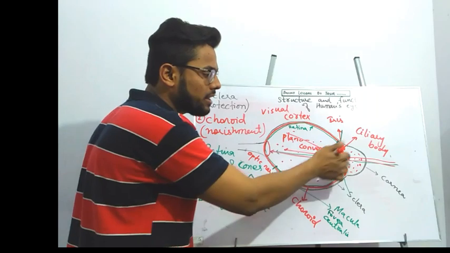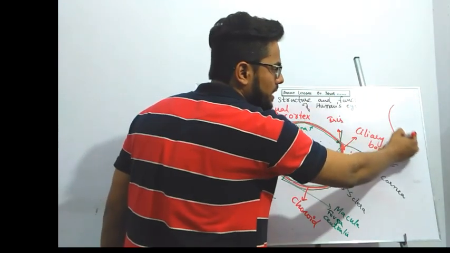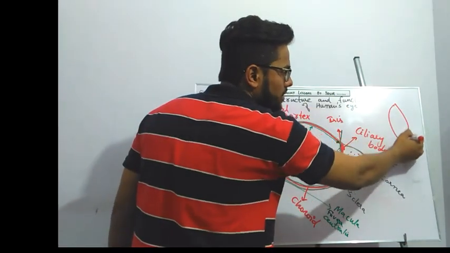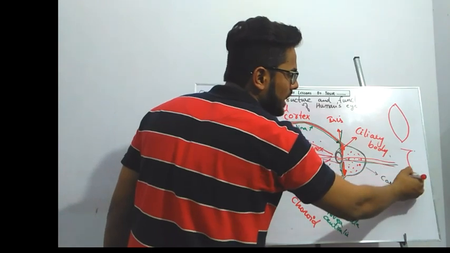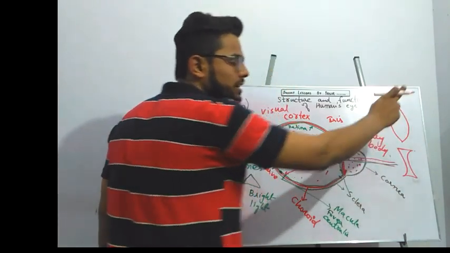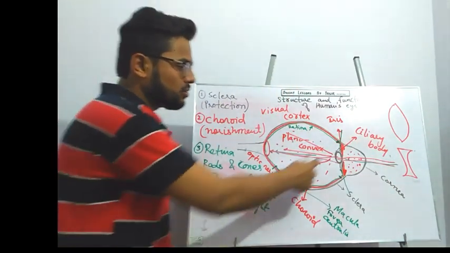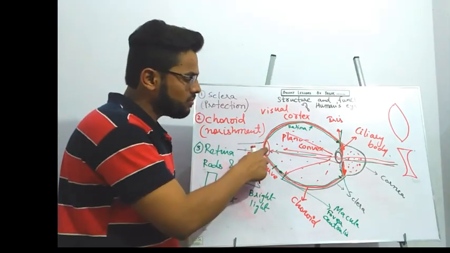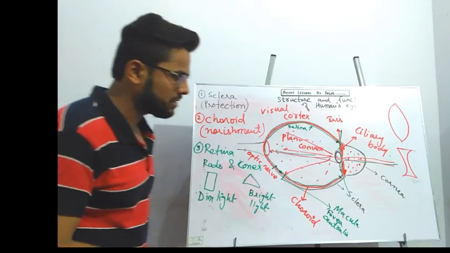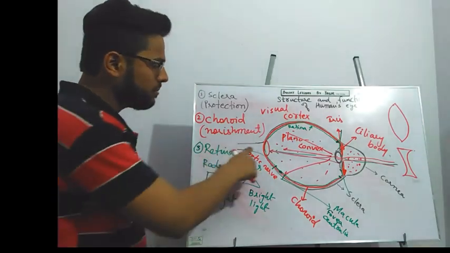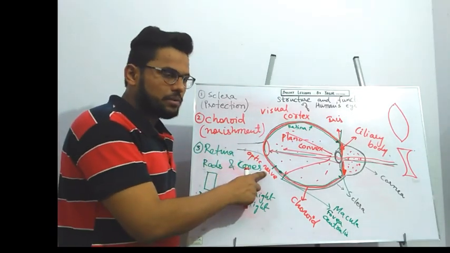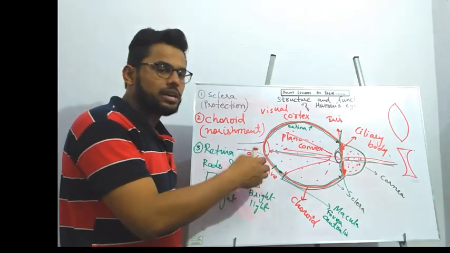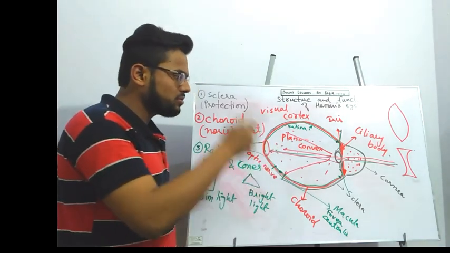So nature provided us the convex type of lens. This is called convex and this is called concave. Understood? Nature provided us the convex lens so that we can converge the light rays into one point, and this point is called the optical disc. And the image is formed. We can perceive the image with the help of the optic nerve. The optic nerve sends the message of the eye to the brain.